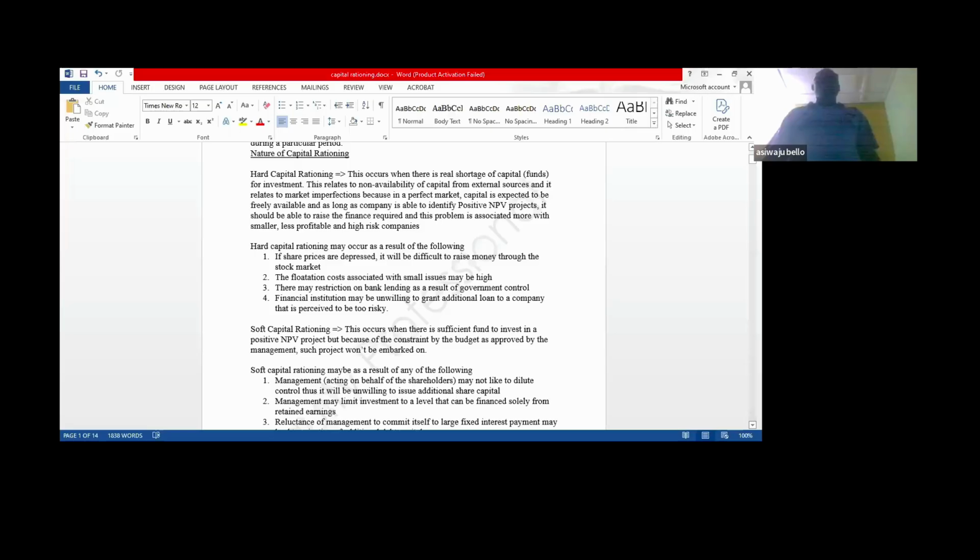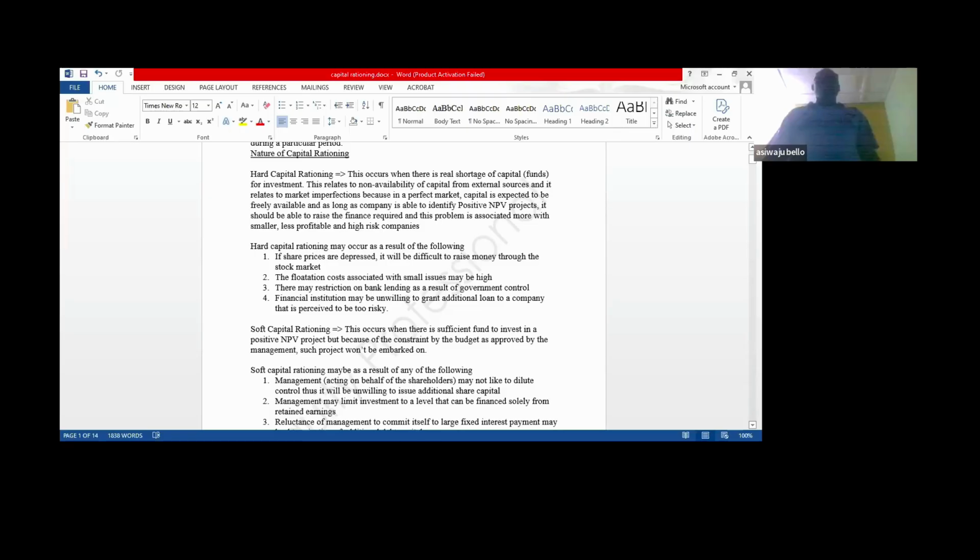The cost involved in issuing shares to the public may be too expensive for you. That can discourage some companies from issuing shares to the public.